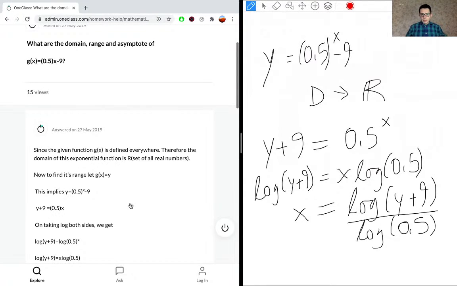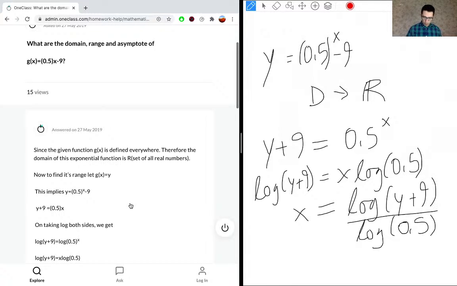By solving for x, we've already solved for y up here, and we can see that the range for x is all real values. For y, however, we can see that for log, the property of log is that the value inside has to be greater than 0.